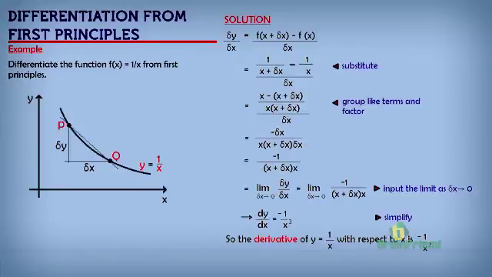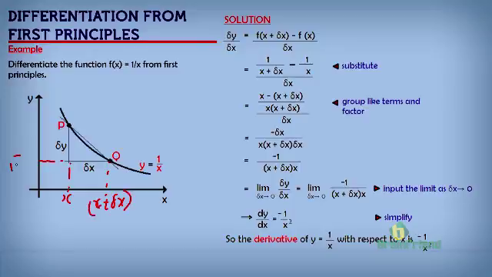If we are asked to differentiate the function f of x is equal to 1 over x, this is what our graph looks like. Again, our point here will be x, and our point here will be x plus delta x. That is our change in x.